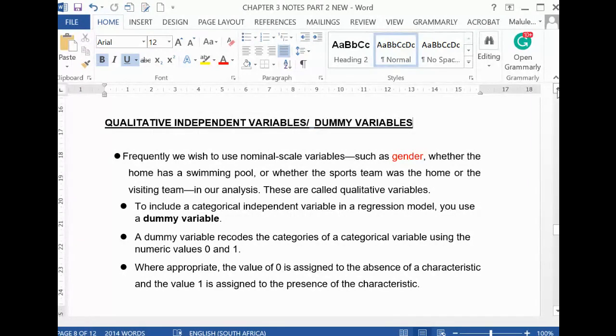I only gave an example where we have 2 options, either a yes or a no. It's possible that you can have 3 options instead of yes or no, but that one we will cover next week. I don't want to confuse you. I want us to focus on a case where you are having only 2 options, like yes or no, male and female.